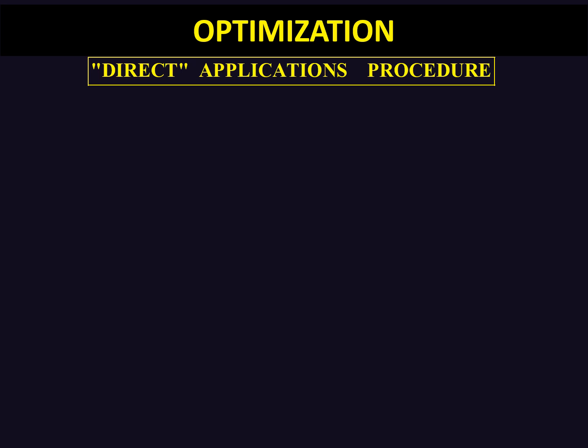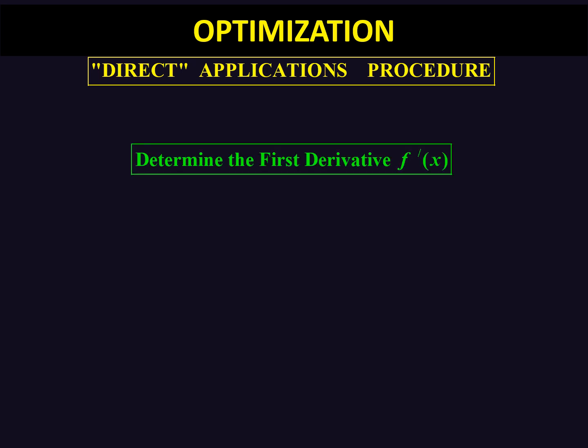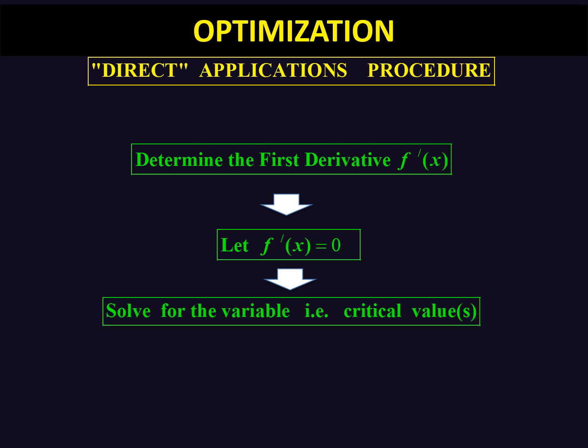Now let's look at the direct application procedure, right? As we said, the objective function is given, so we can immediately find the first derivative. What should we do with the first derivative? That's right, we have to equate it to 0. This then results in an equation. That's correct. And that equation, we'll have to solve it.